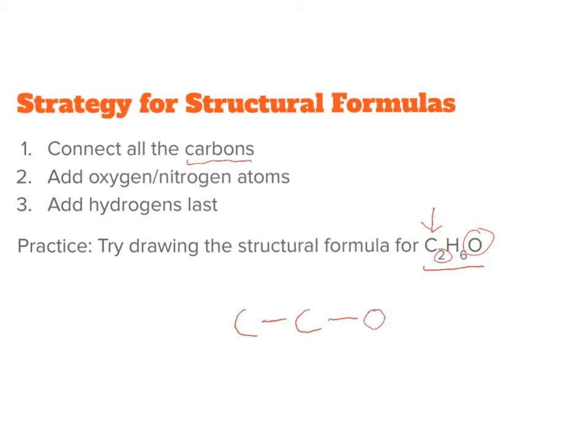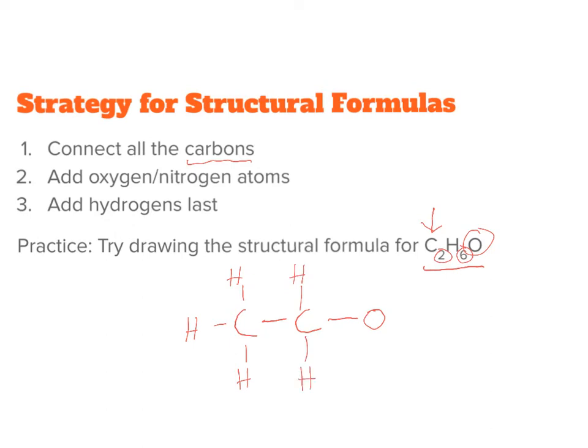And finally we want to add in our hydrogen atoms. We've got 6 of them, and carbon needs to bond 4 times, so we must have a hydrogen, hydrogen, hydrogen like that. That's 1, 2, 3. The second carbon already has 2 bonds, so we need 2 more. So bond to 2 more hydrogens.